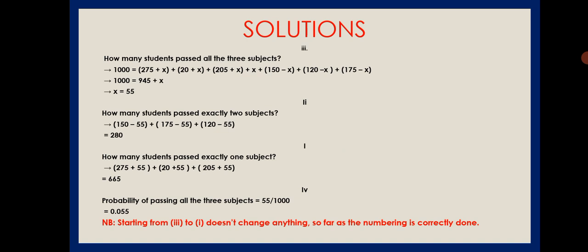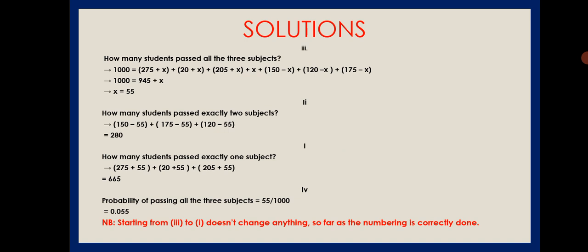So we go there, since in the question we're having minus x. So it's going to be 150 minus x, which is now x is 55, plus 175 minus x, which is now 55, plus 120 minus 55. Our calculator helps us get our answer to be 280.